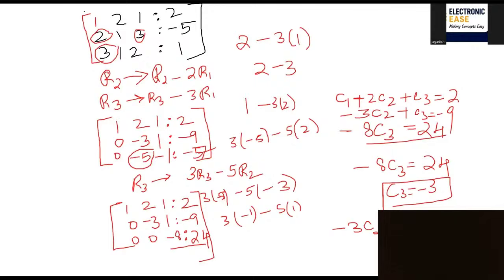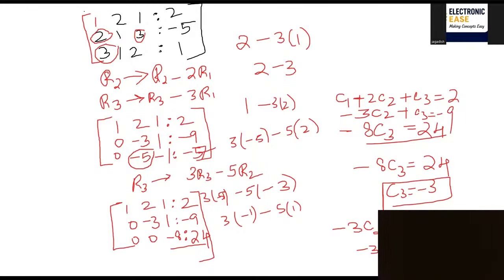So minus 3C2 minus 3 equal to minus 9. So minus 3C2 is equivalent to minus 6. So what is the C2 value, students? C2 value is nothing but 2.